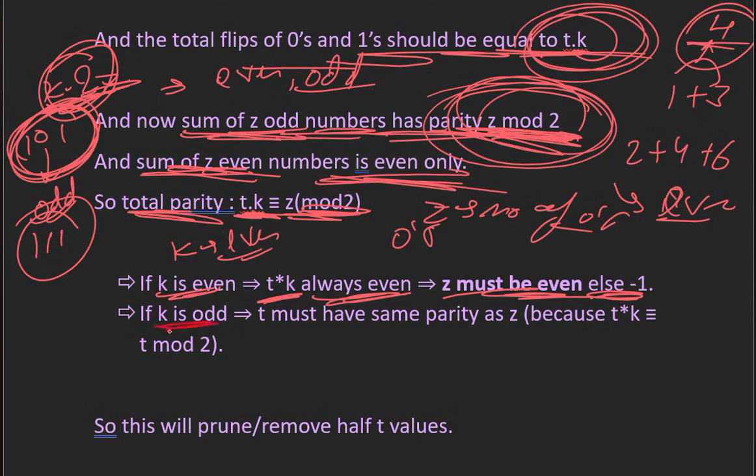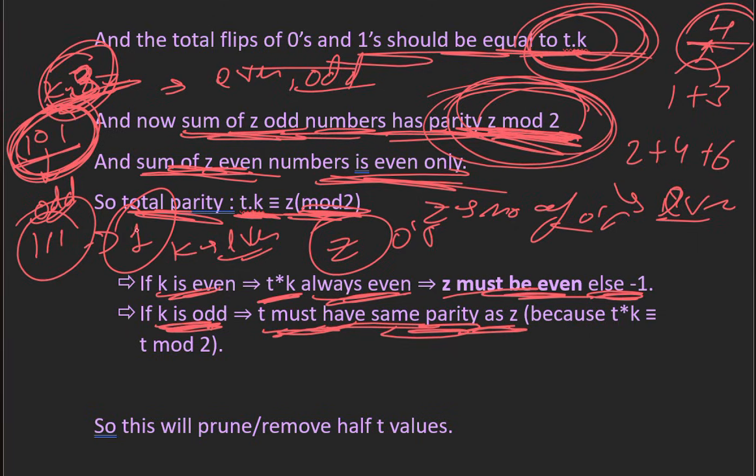Next is if k is odd, right? If k is odd, then t must have the same parity as z, like whatever parity z has, t also should have the same parity. Suppose here k is equal to 3 and z is 1, right?